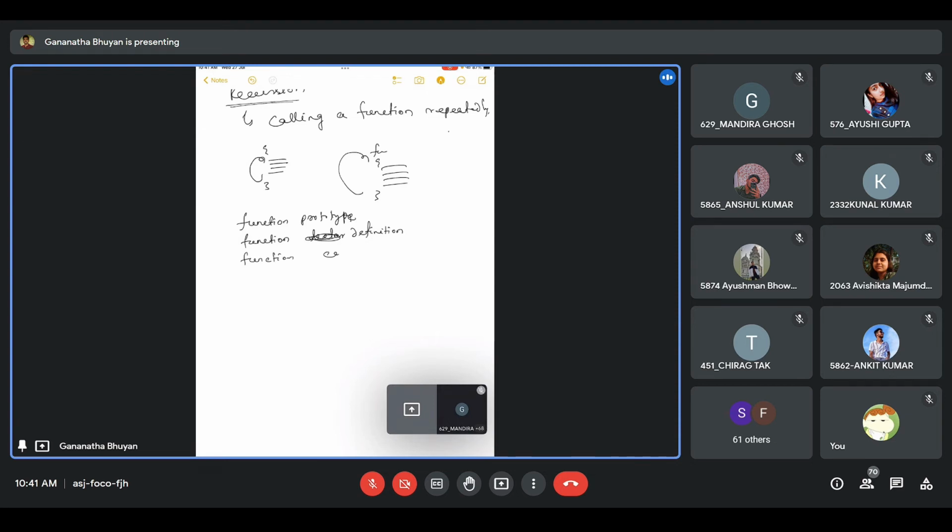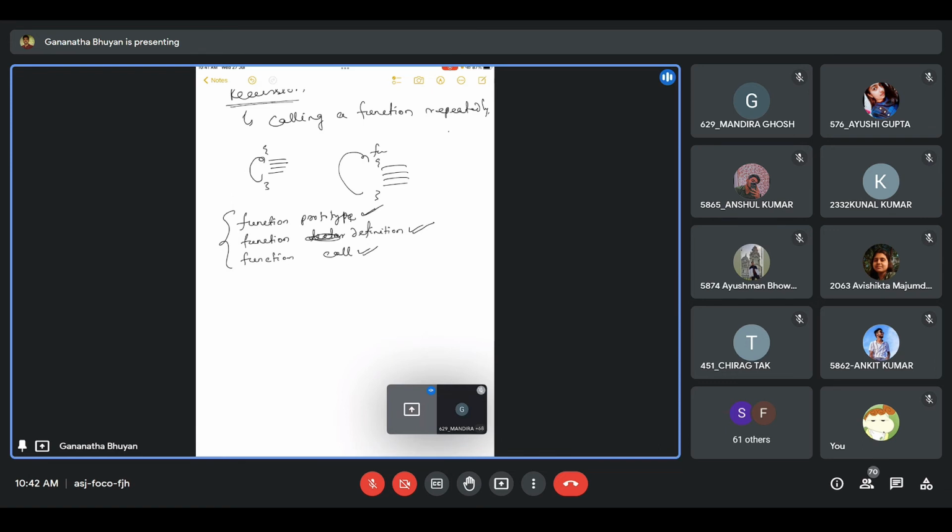What is the function prototype or declaration or signature? What is the function definition and what is a function call? I hope everyone is clear, because this is taught in C. After that, recursion means repeatedly calling a function. So I am giving a very simple example.